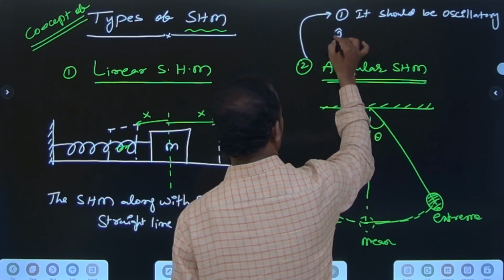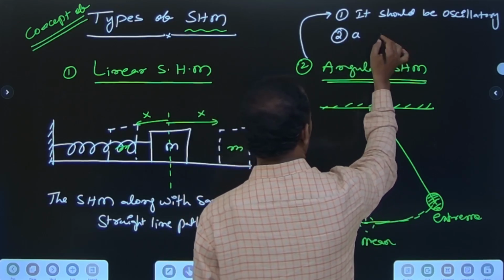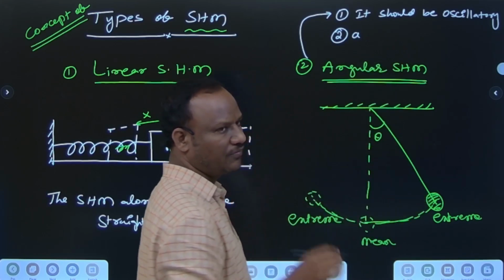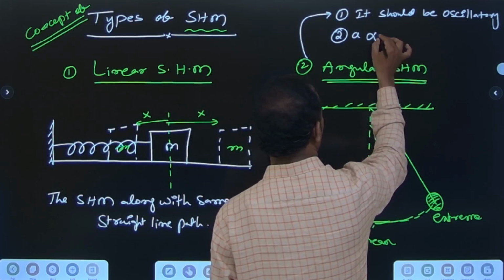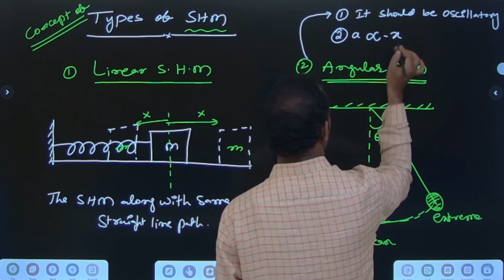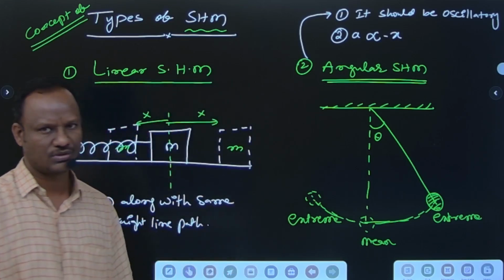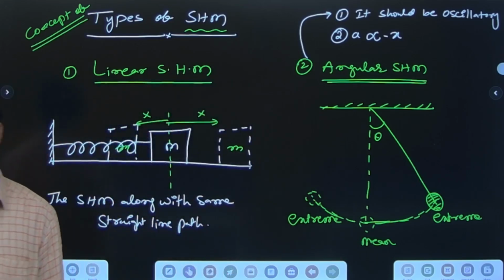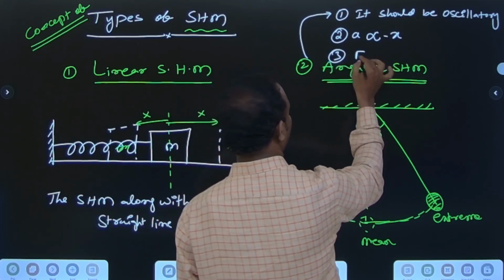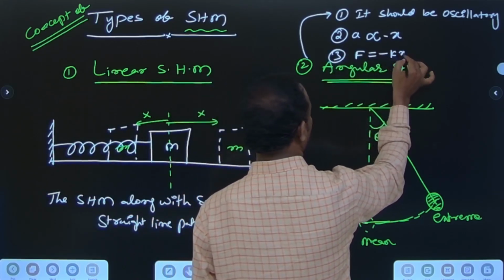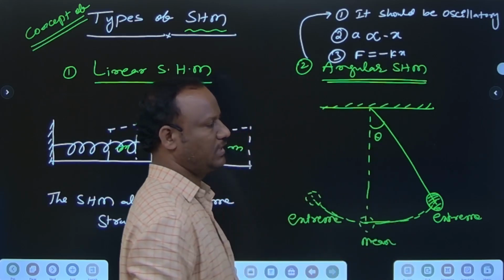Second, acceleration. The magnitude of acceleration is directly proportional to displacement. For the third condition, the restoring force F must be equal to minus kx.